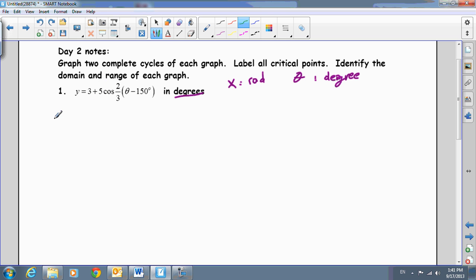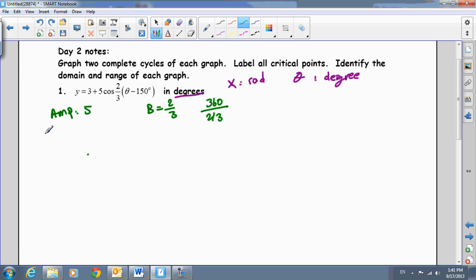The 5 that I see here represents my amplitude. The 2/3 is my b, so I can say b is equal to 2/3. Therefore, knowing that it's in degrees, if I do 360 divided by 2/3, that will give me my value of my period.